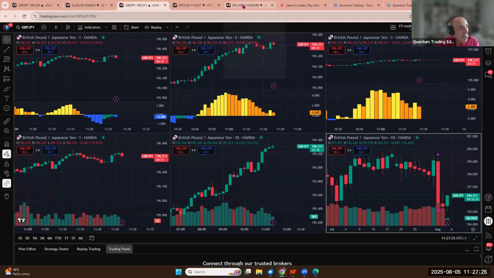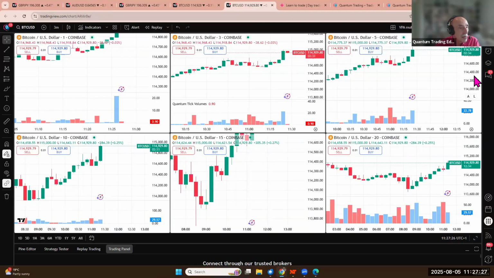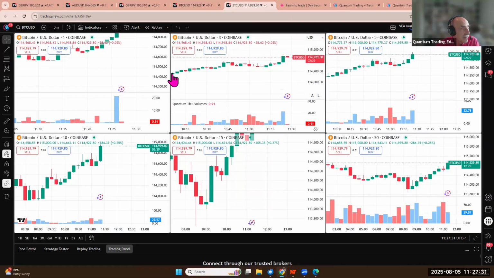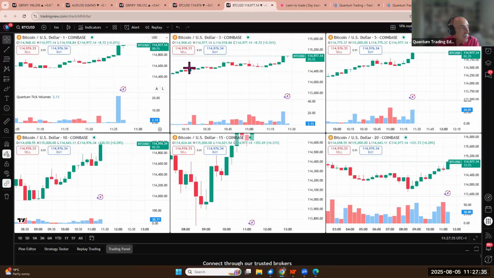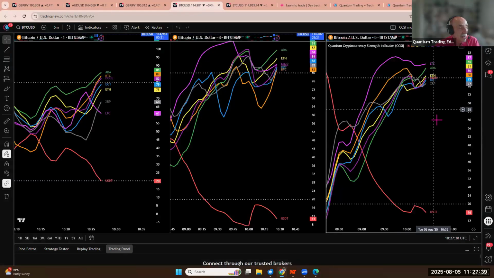Now, in the same way that we apply volume to a currency, or indeed a stock or an index or a future or anything else, the same principle applies to cryptocurrencies. And this is the sister indicator to the currency strength indicator. This is the CCSI, the cryptocurrency strength indicator, which is a bit of a mouthful.